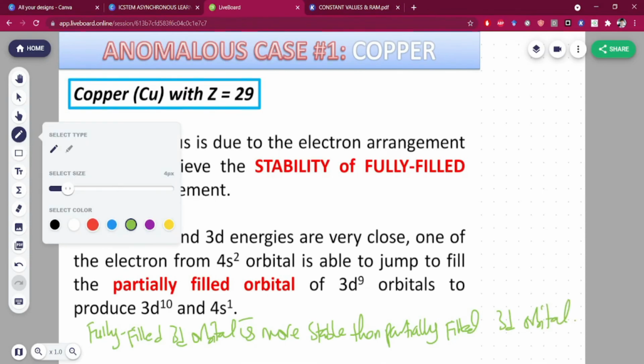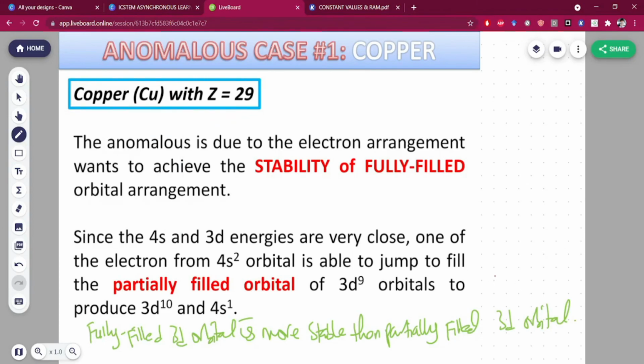Again, by writing that, you should be able to get another 1 mark. And you need to remember this as well. So those are the anomalous cases in Chapter 2, Atomic Structure. Remember, only for chromium and copper.